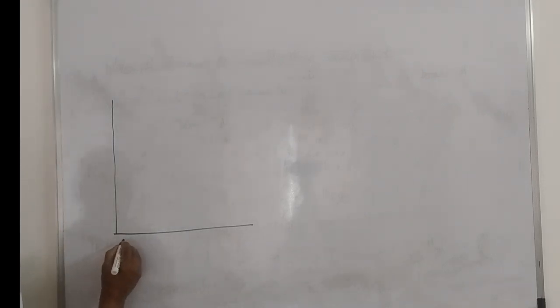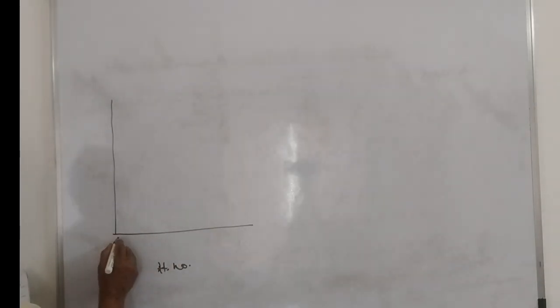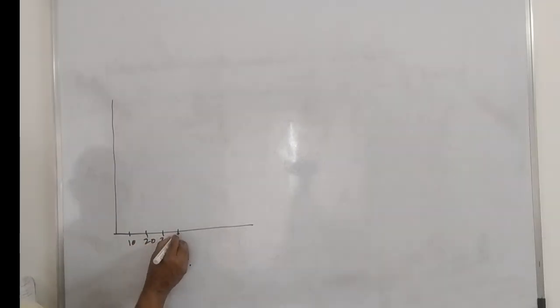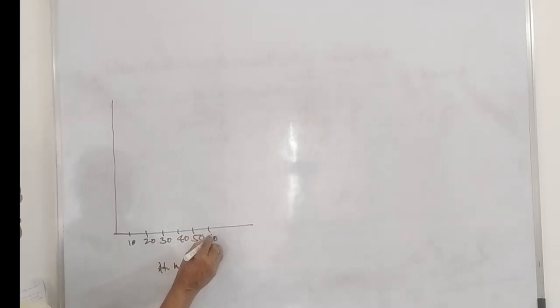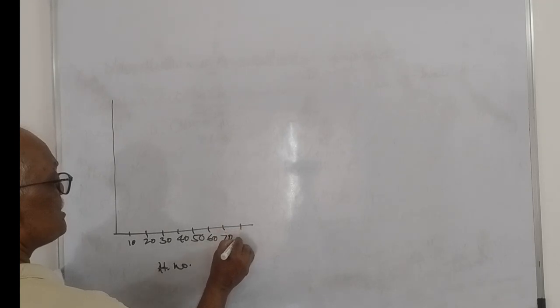If we divide this x-axis, we put the atomic numbers starting from 10, 20, 30, 40, 50, 60, 70, 80.